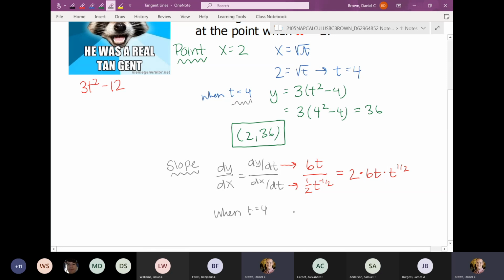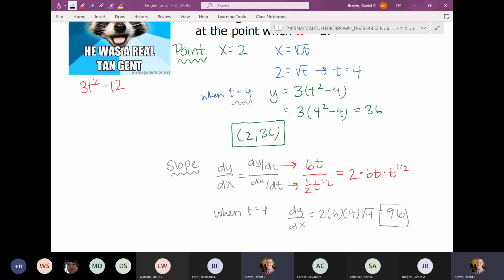So when t is equal to 4, dy dx is equal to 2 times 6 times 4 times the square root of 4. 24 times 4 is 96. And that would be the slope.